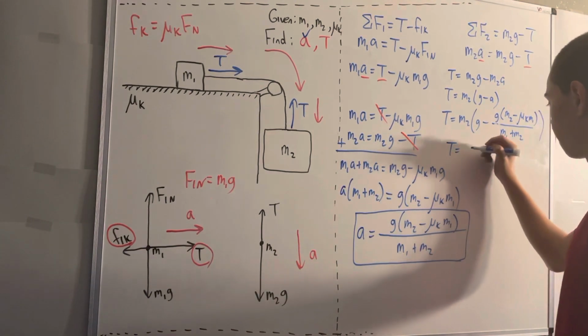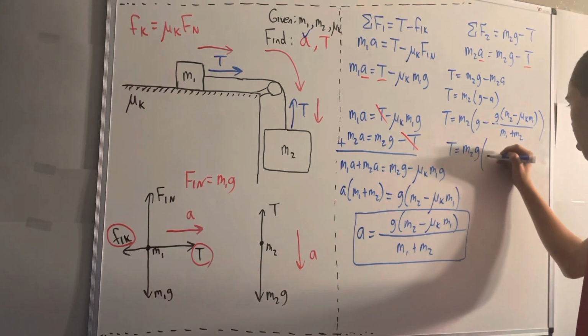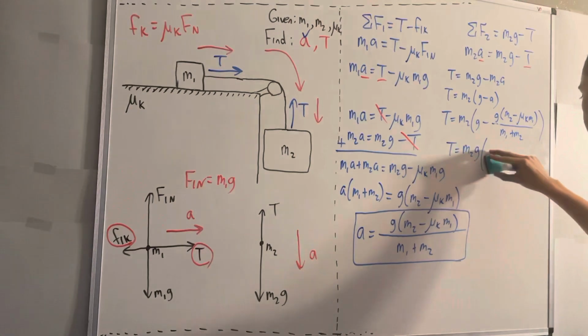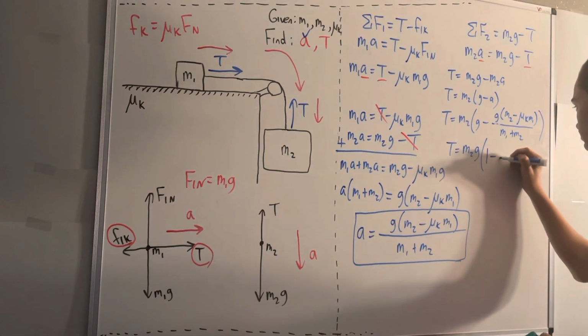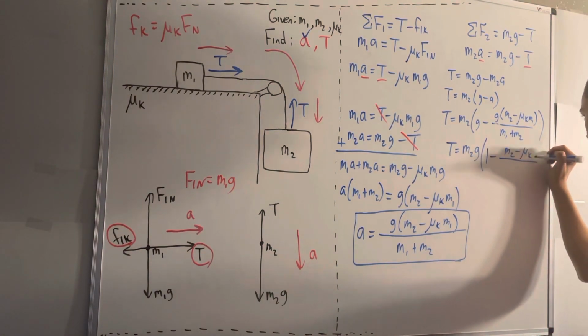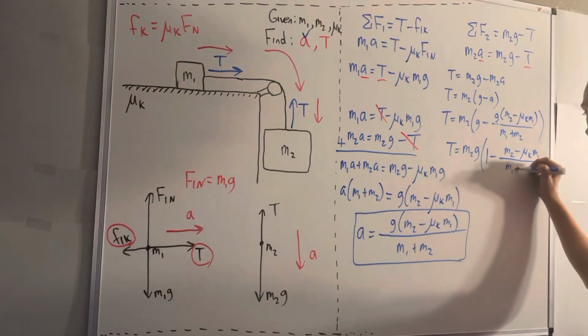It's not super cool, but we could factor out g. And what we get inside of our parentheses, right here we just get a 1. And right here we get m2 minus mu k m1 all over m1 plus m2.